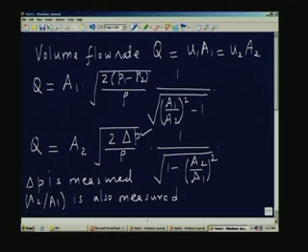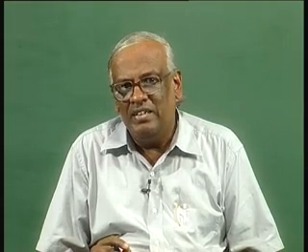I know what the area is at a1 at section number 1, and I know what the area is at section number 2. The assumption is that a2 is less than a1. Section 1 is the larger area and a2 is the smaller area.